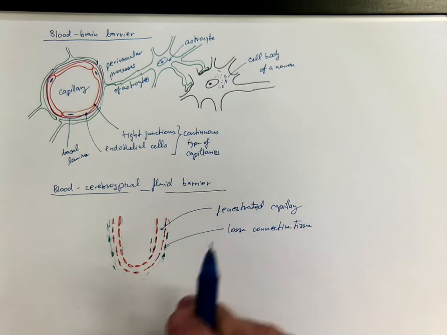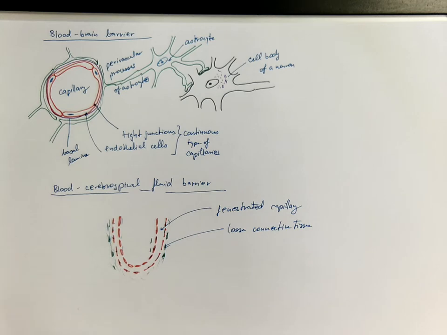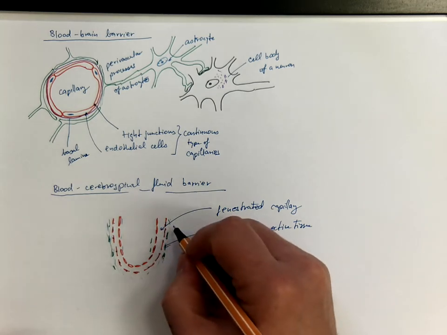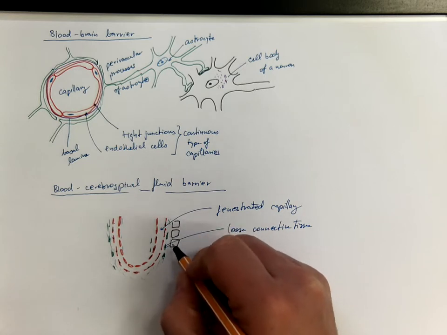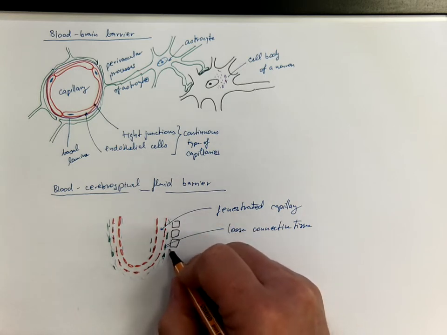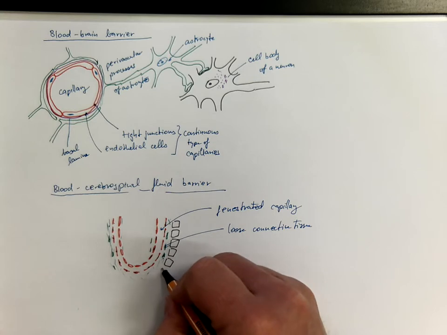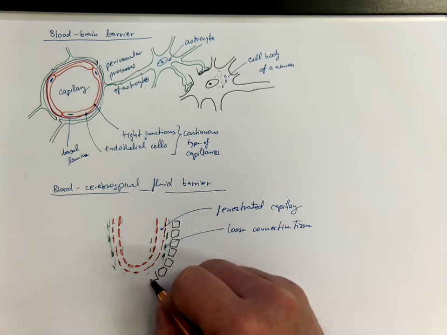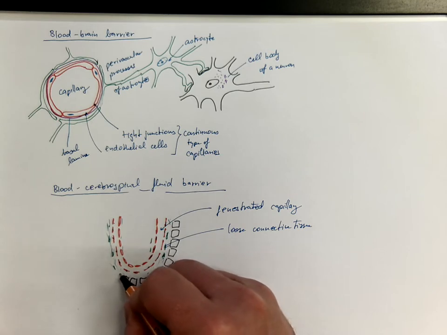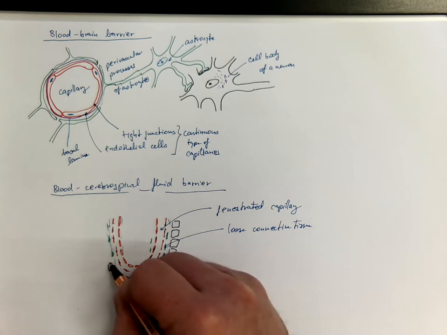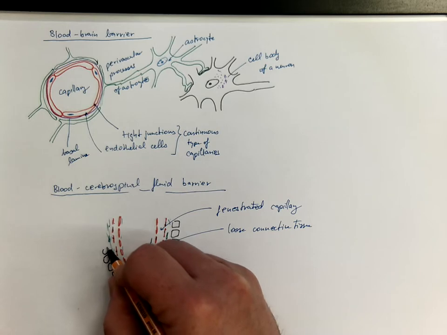With the capillaries, and the surface of the choroid plexus is covered by ependymal cells that are arranged as a simple cuboidal epithelium. So one layer of cuboidal cells.